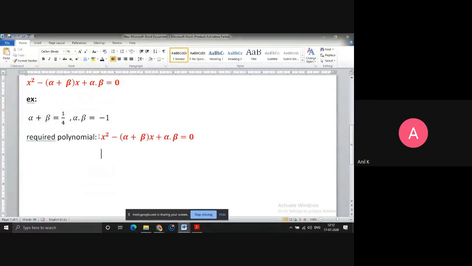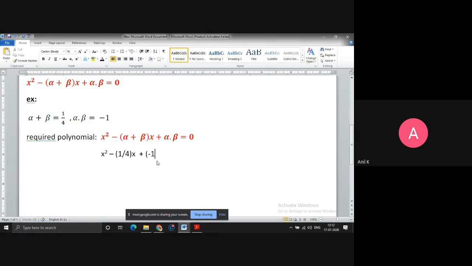This x square will remain as it is. x square minus, now in place of alpha plus beta I have to put 1 by 4, so I'll keep it in a bracket, 1 upon 4 into x, plus, and in place of alpha into beta I have to put minus 1.